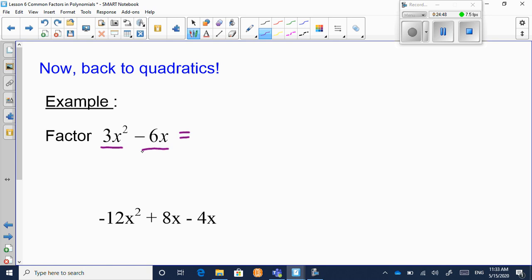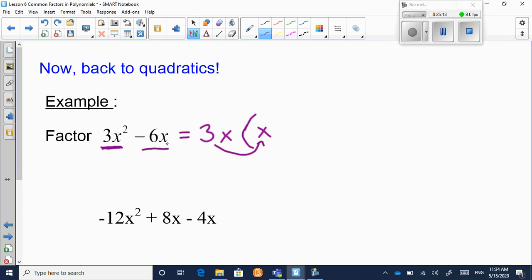Well, from a number standpoint, the greatest common factor is 3. 3 goes evenly into 3 and 6. And look, x goes evenly into x squared and x. And what would I multiply by? Well, 3x times what? Oh, times x would give me, when I did this times this, 3x squared.